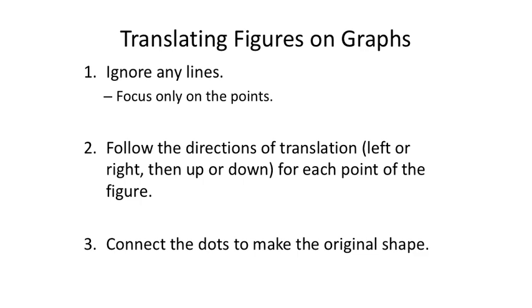Because if you can do that, then it's a lot easier to count, but you have to mentally erase the rest of the stuff on the graph. Once you know you're focusing only on the points, then you just read and see how far they tell you to move it, left or right, and then up or down. That's it. If you can count that much, then you can do that for all the points.